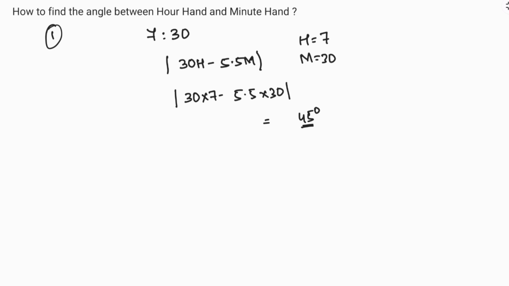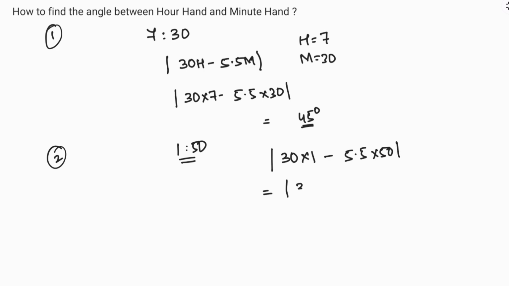Now let's take a different example. Let's say the time is 1:50. So what is the angle between hour hand and minute hand at the time 1:50? Again we'll use the same formula, 30 into 1 minus 5.5 into 50. So let's calculate this.